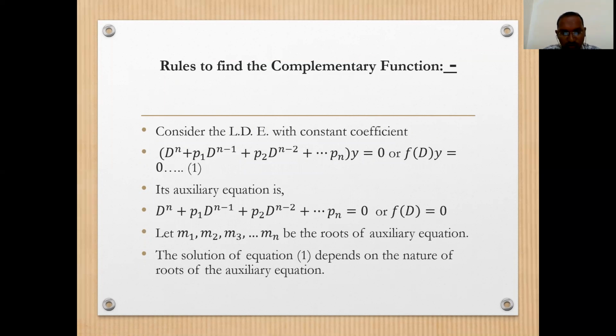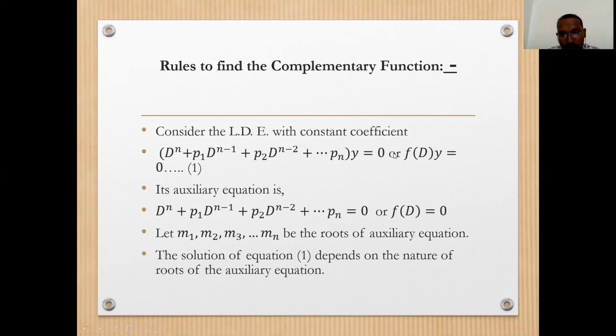So first see some rules. Based on those rules we can find the complementary function of a given differential equation. This is the linear differential equation with constant coefficients, D^n plus p1 D^(n-1) plus p2 D^(n-2) plus and so on pn y is equal to 0.